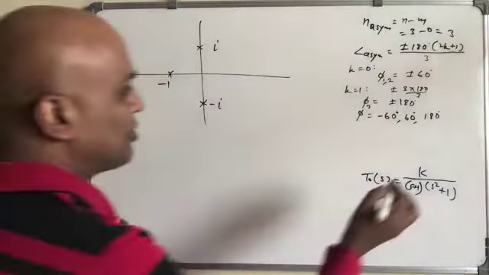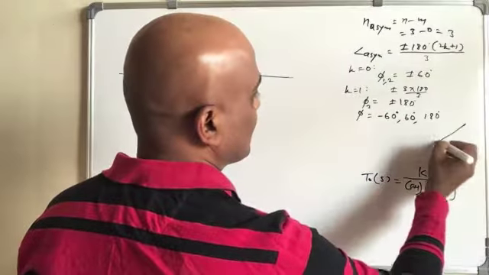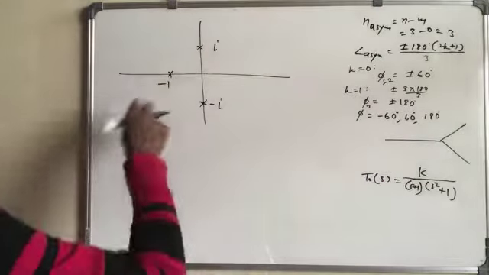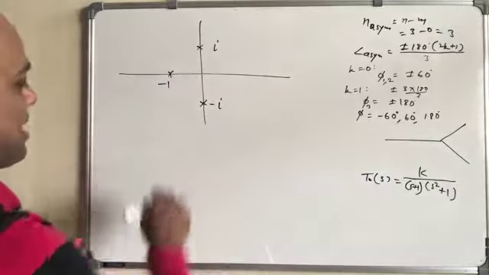So what it tells you is that this has to be something like this. But we don't know where these lines will meet.